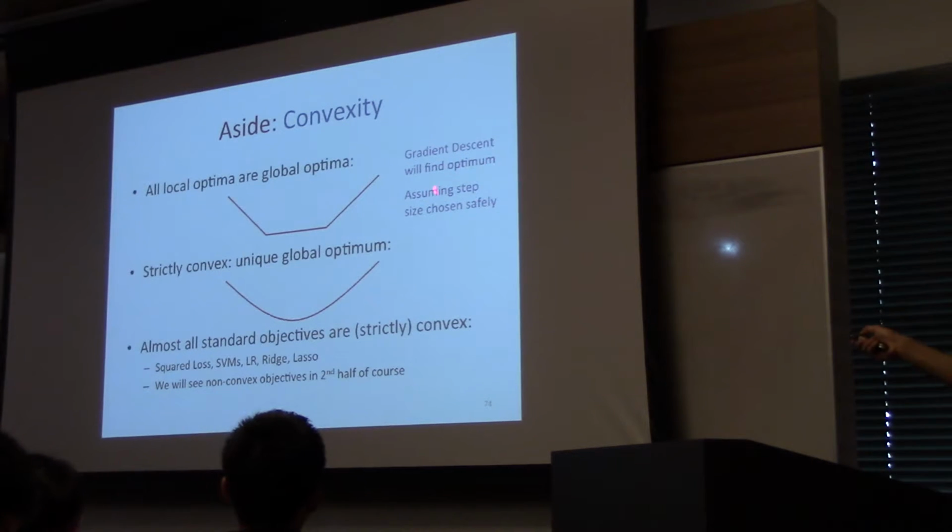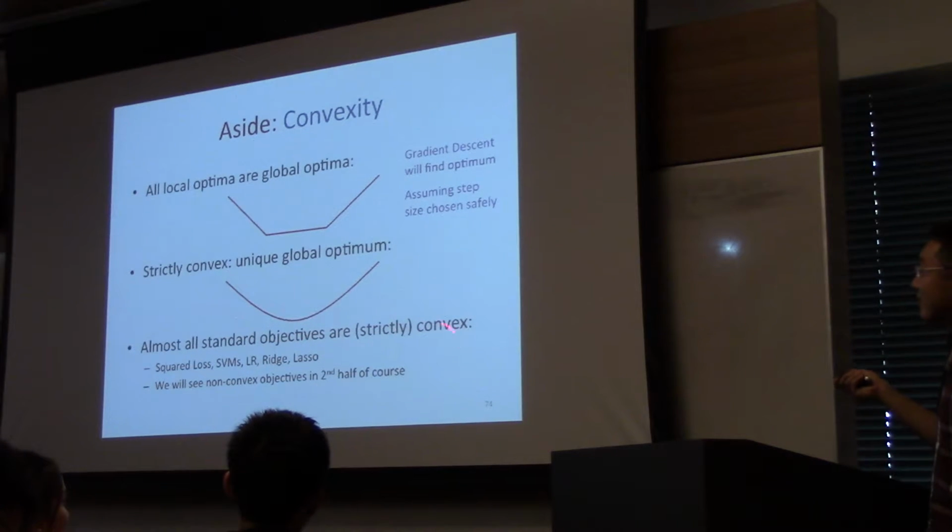Gradient descent will always find the global optimum, assuming the step size is chosen safely. Almost all standard machine learning objectives that we talk about in supervised learning are strictly convex. Many of them are strictly convex, not all. We'll see some non-convex objectives in the second half of the course when we talk about embeddings and deep learning.